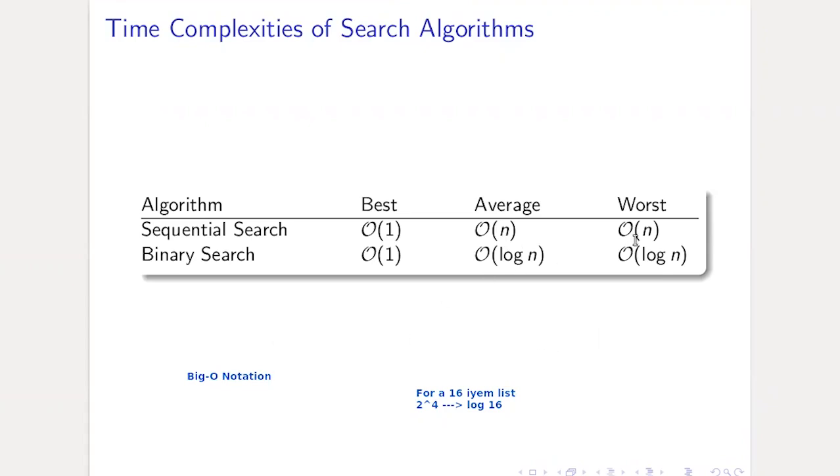So the sequential search is 2 times n, if you look at the actual cost in terms of comparisons.